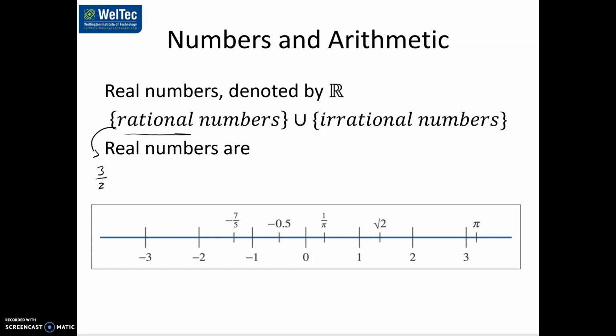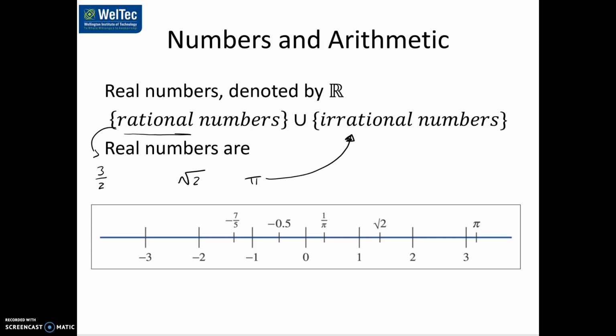And an irrational number is one that's not. An irrational number might be something like √2 or pi, because they can't actually be written as fractions. So they are the irrational numbers, and real numbers is the set of all of those. So pretty much any point that you can have on a number line is a real number.